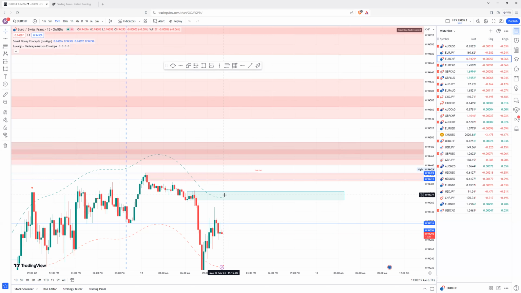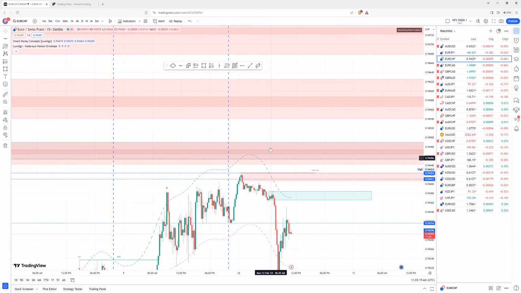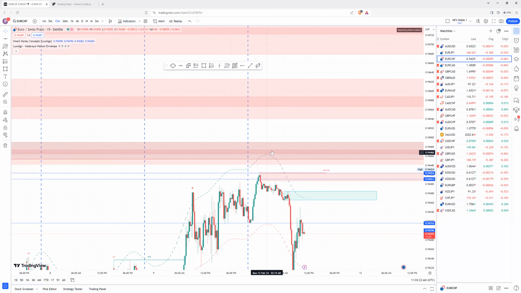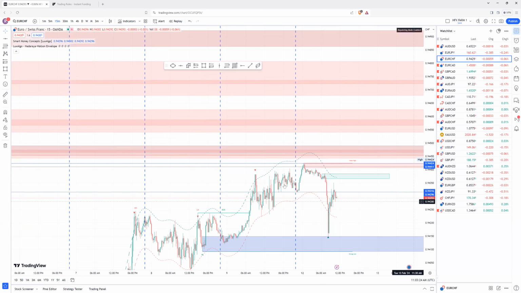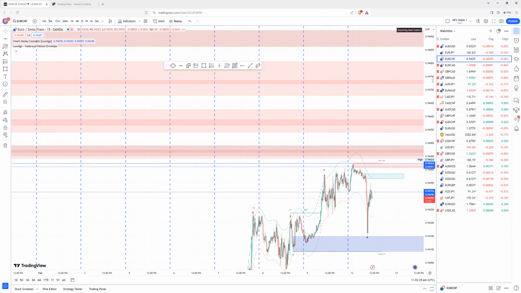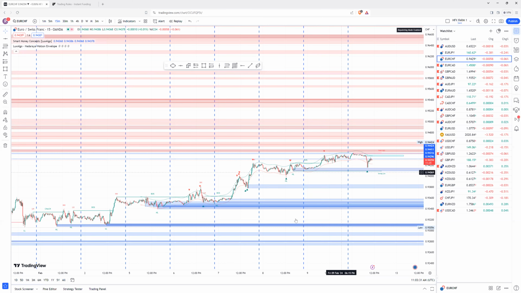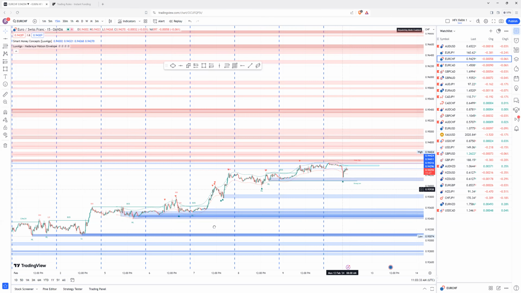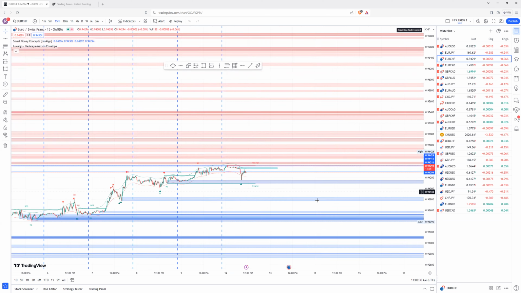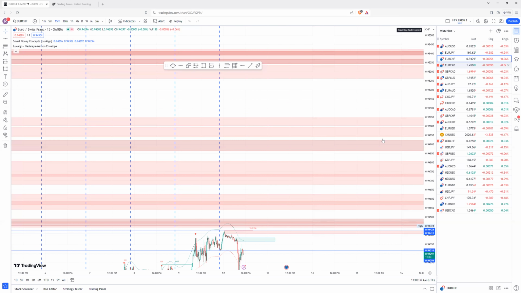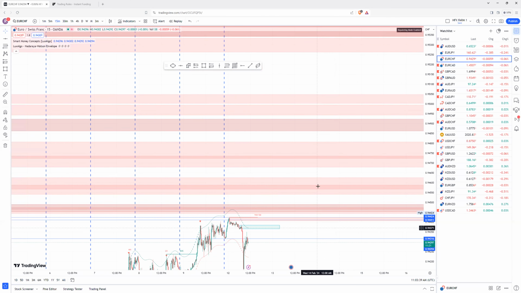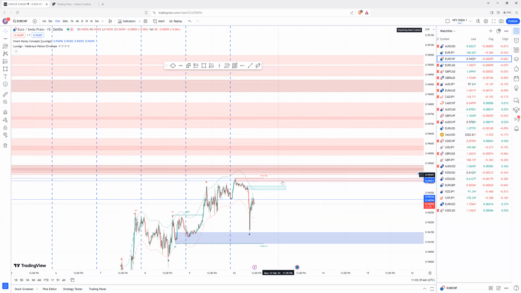If I had to take a trade somewhere else, it would be at the top here, because this is another order block with a lot of confluence from Nadaraya. It lets me understand that this is a sell trend looking for a reversal, reversing to grab some liquidity to make a continuation.